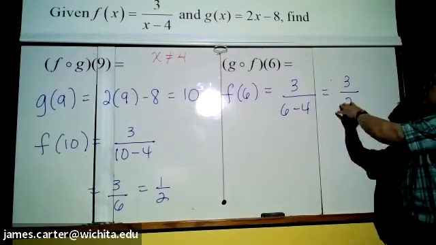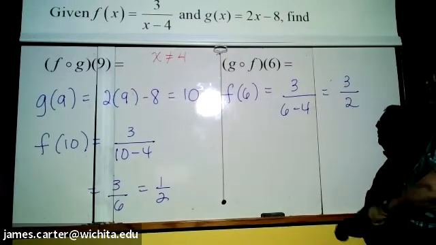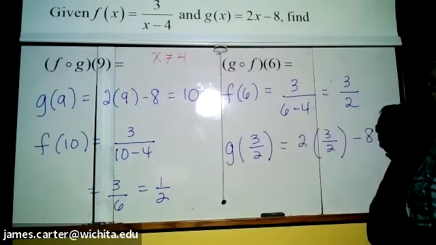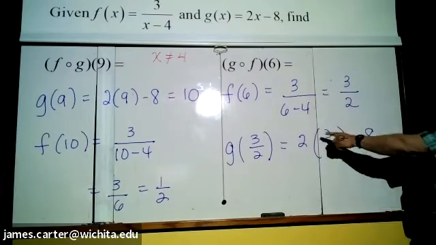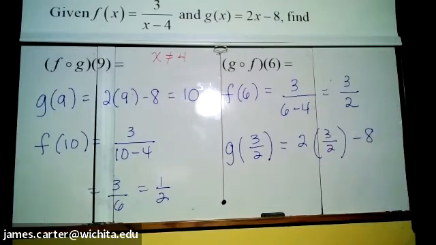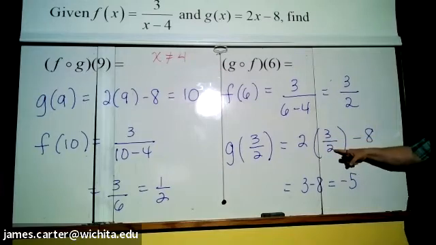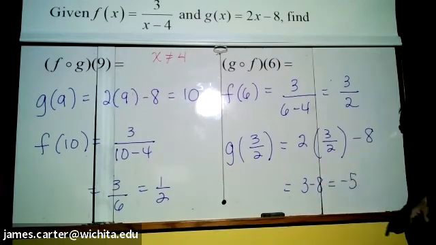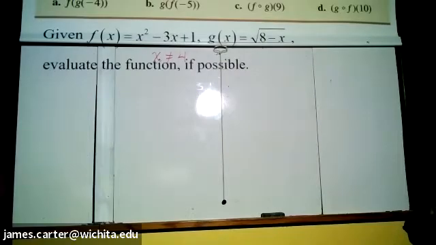Now we're going to take this 3/2 and substitute it into the g equation. So 2 times x minus 8 gives us 6 over 2 is 3, minus 8 is -5. Okay? Once again, the order matters.